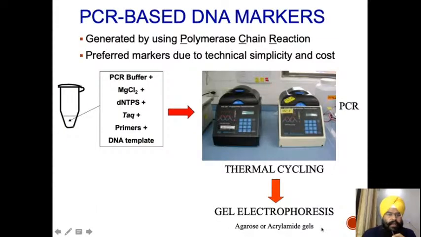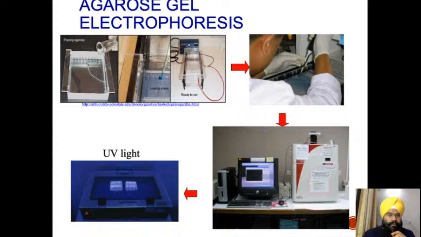Then comes the PCR. PCR, as we know, we have discussed it a number of times. We add PCR buffer, MgCl2, nucleotides, Taq polymerase, primers, DNA template, then polymerase chain reaction with the thermocycler. Then it goes further for gel electrophoresis or acrylamide gel. Then we know how we pour the gel, and then we add our samples.